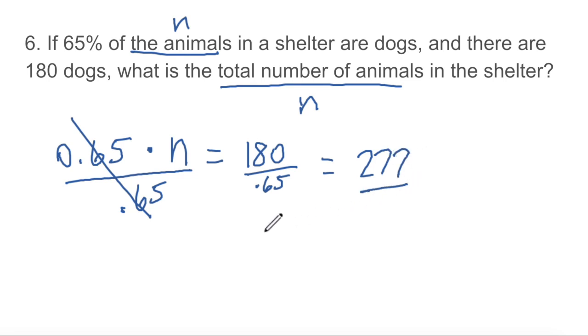That's the total number of animals in the shelter, 277. So this problem may be a little wordy. It's similar to the last problem. Write out what you're given. Figure out what you're trying to find, and then set up a variable for it.